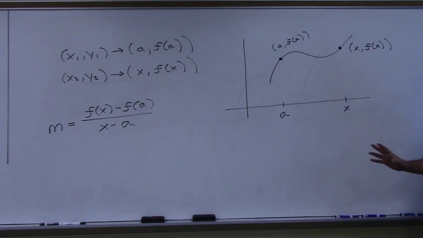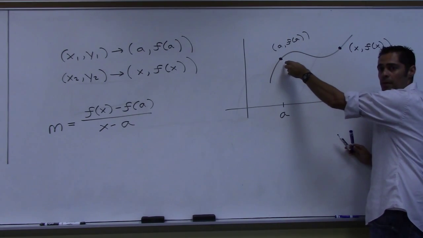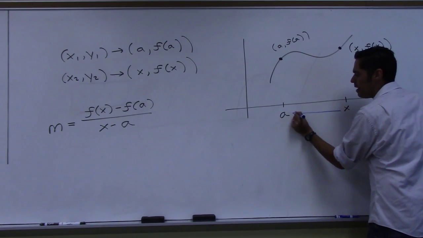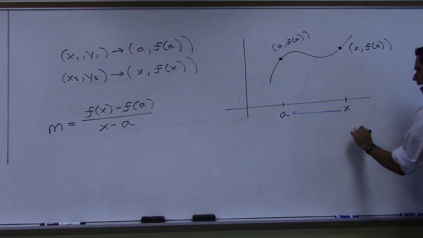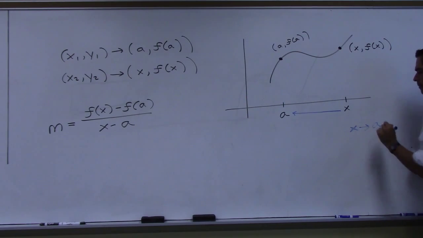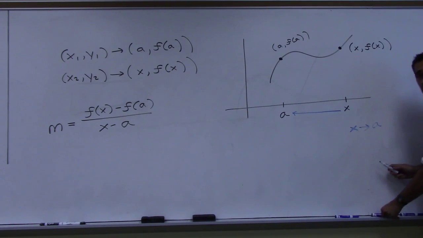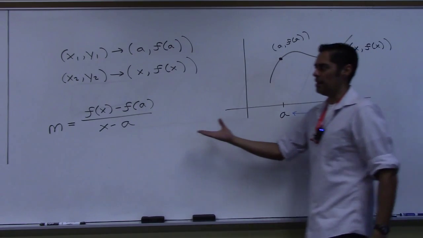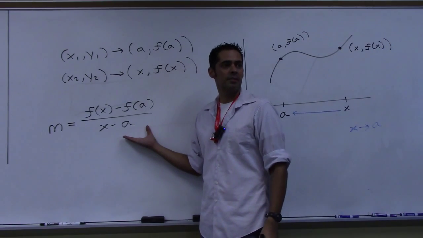Right? Everyone see that? Now, before we keep going, I want you to try and connect this to the calculus. The whole point of this was to try and move this point on top of that point, right? If I move this point towards there, aren't I saying let x, not x equal a, but x approach a? Let x get closer to a? Like really, really close? Like a limit, right? Tell me what happens to this if I let x approach a.